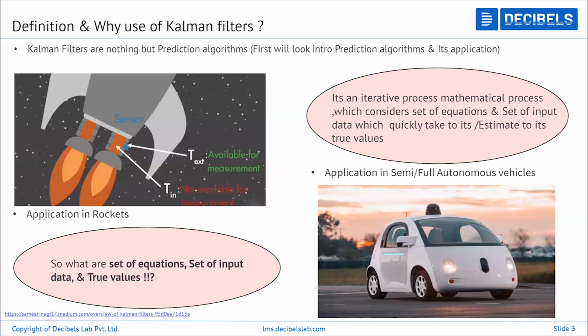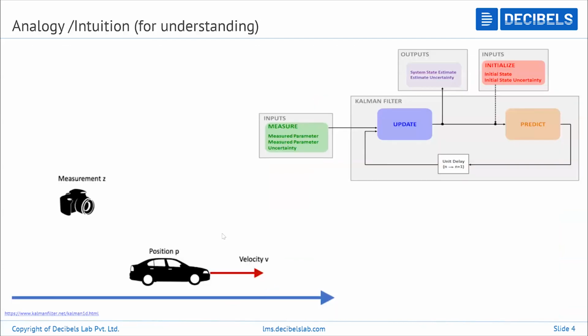Let me take an example for understanding. There is some kind of measurement, say a radar or a camera, which measures the position of your vehicle. I'm taking a vehicle as the example.